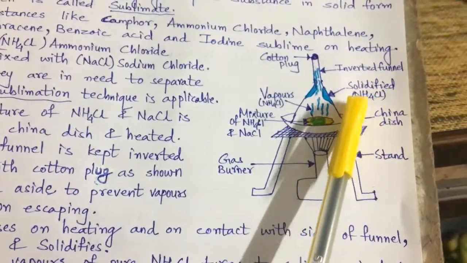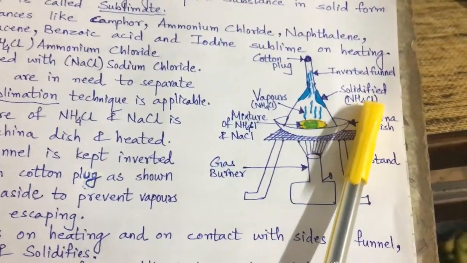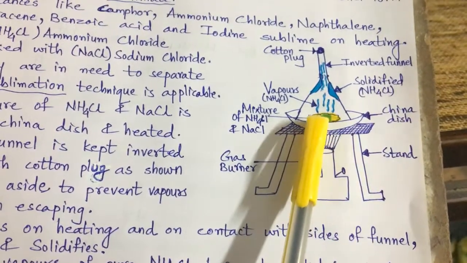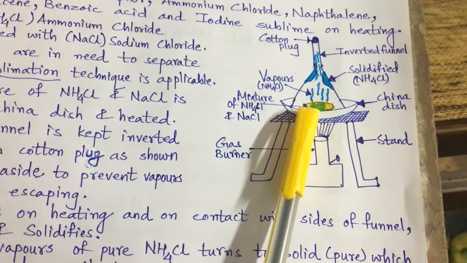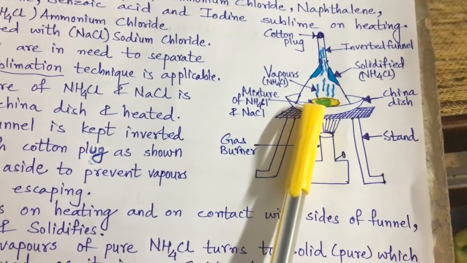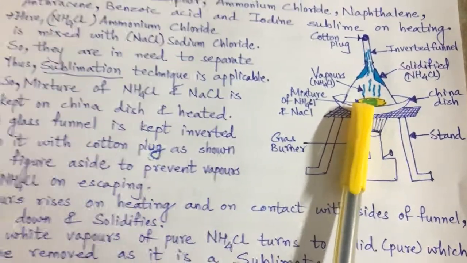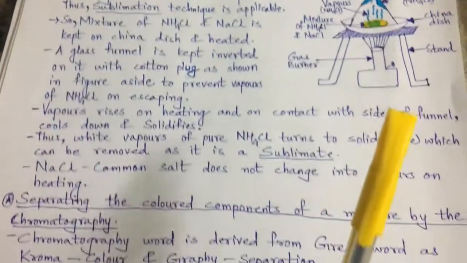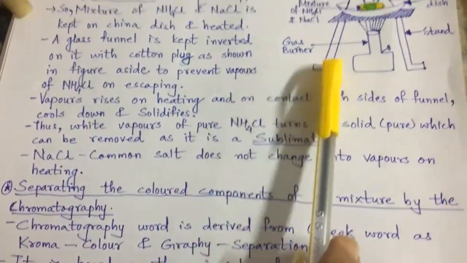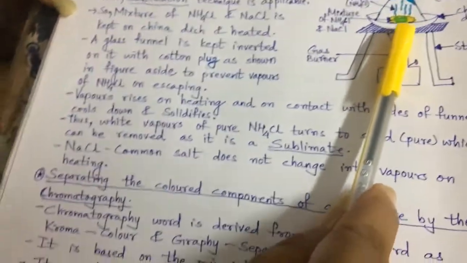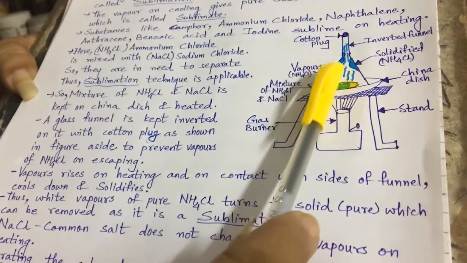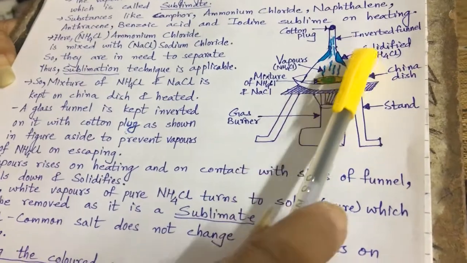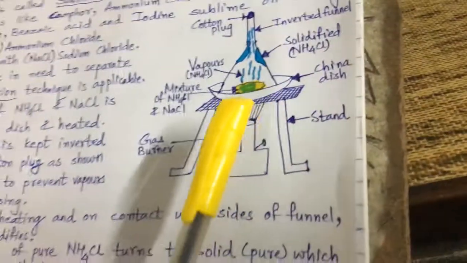This solidified substance is ammonium chloride, and what remains in the china dish is the sodium chloride because it is not sublimating. So thus we are able to get the substance which is subliming by giving heat to it, so it will vaporize, and the vapor on getting cooled will again get back into the solidified form.